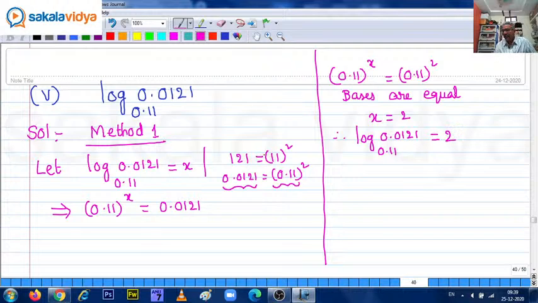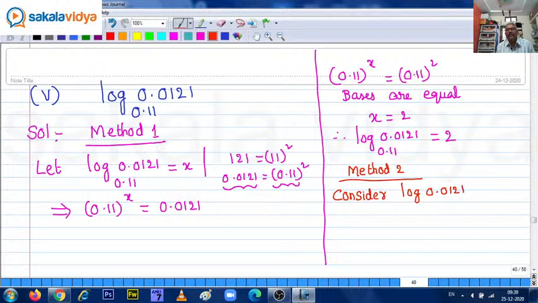It's proved. Now method number 2. So consider, this value needs to be evaluated: log of 0.0121 to the base 0.11. So this can be written as 0.11 square.